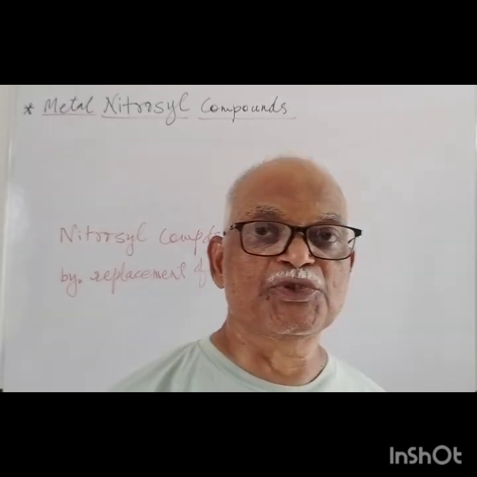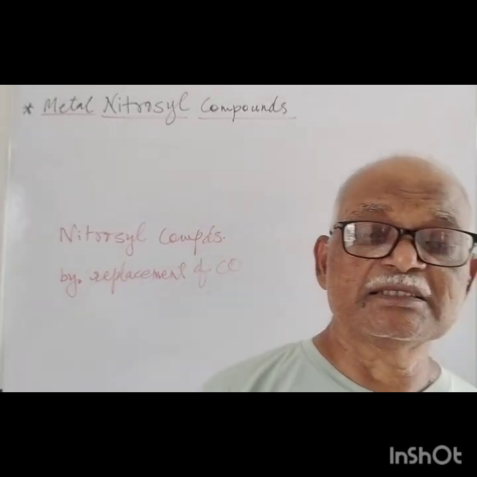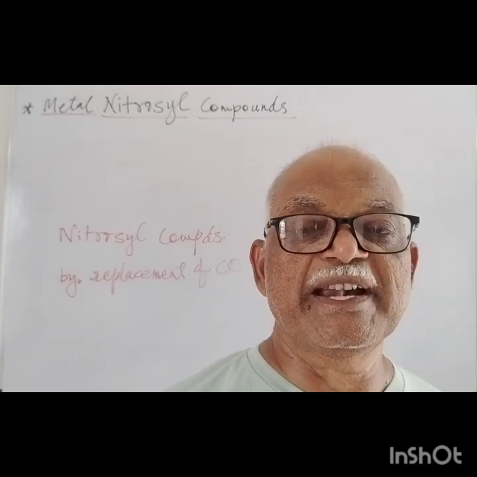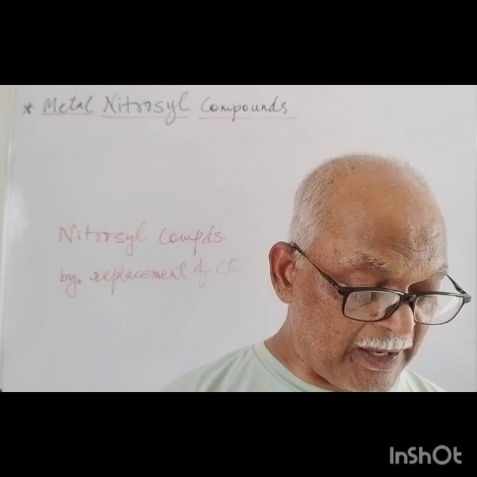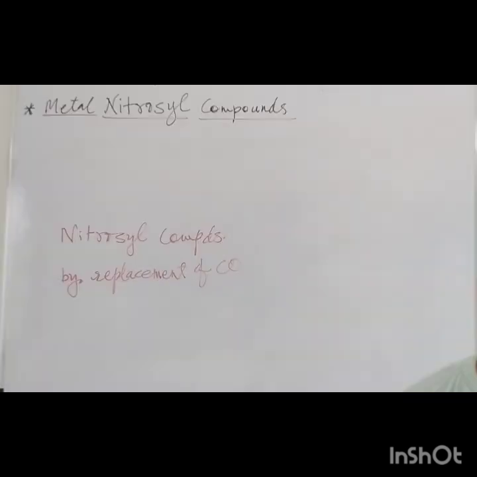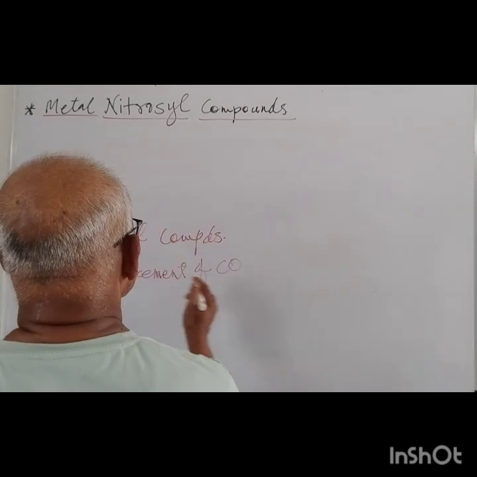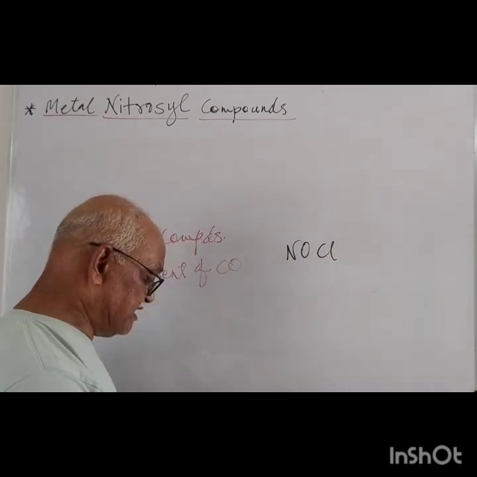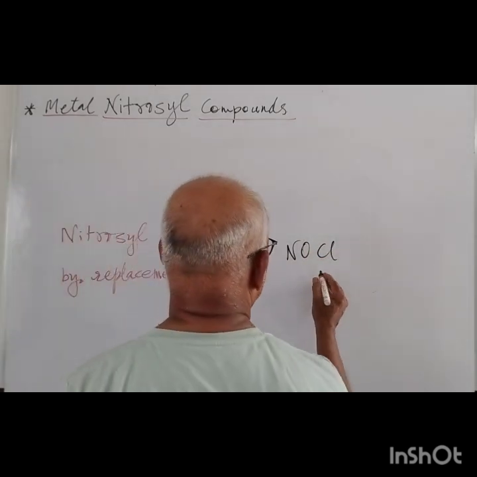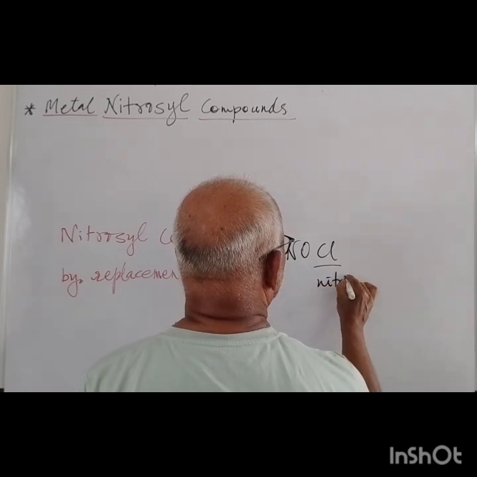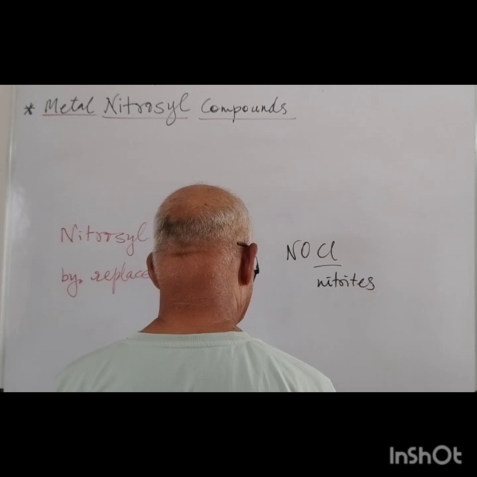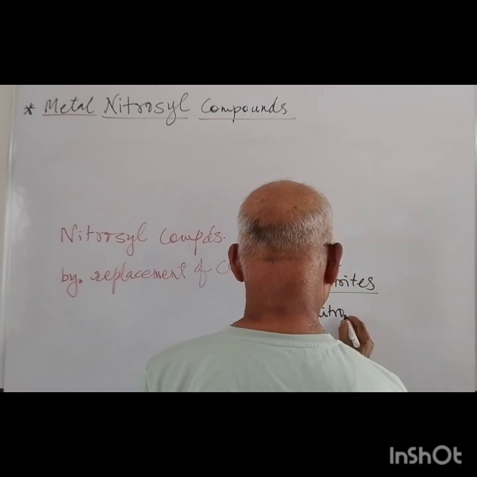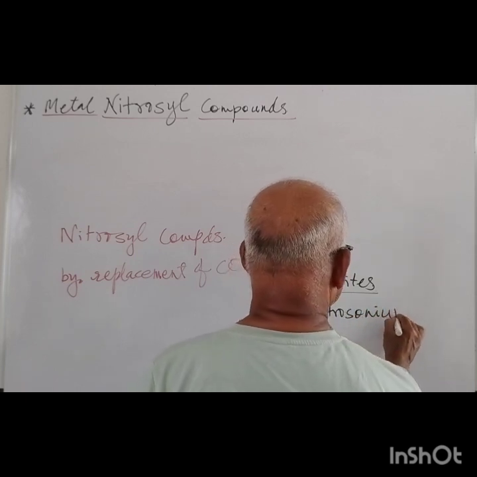Many current synthetic routes use a number of reagents for providing nitric oxide, that is the nitrosyl group. One is nitrosyl chloride, NOCl, then nitrites and nitrosonium salts.